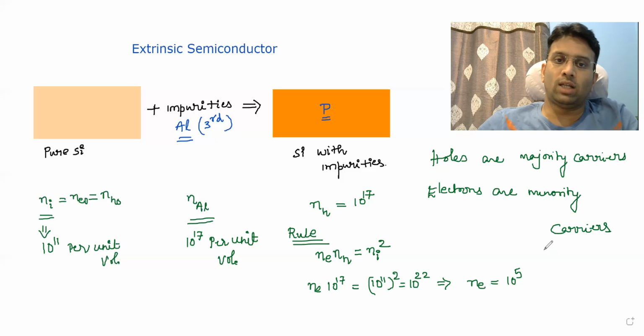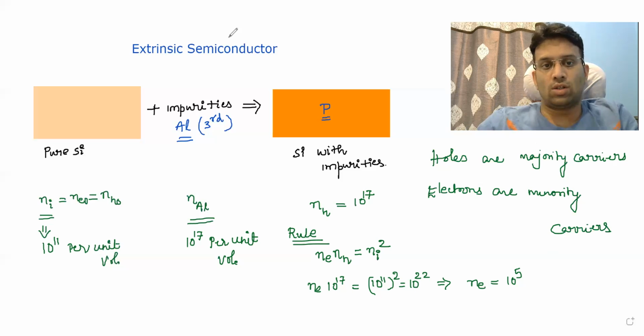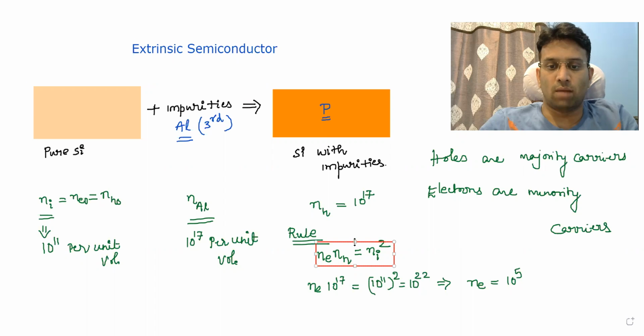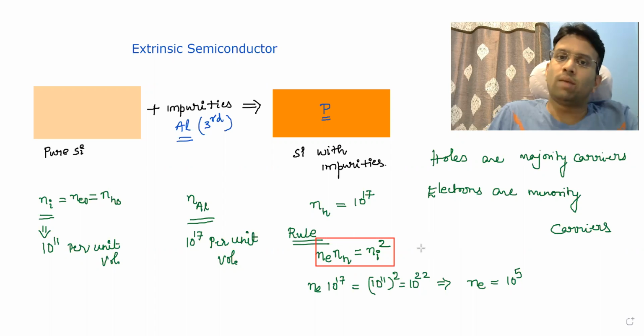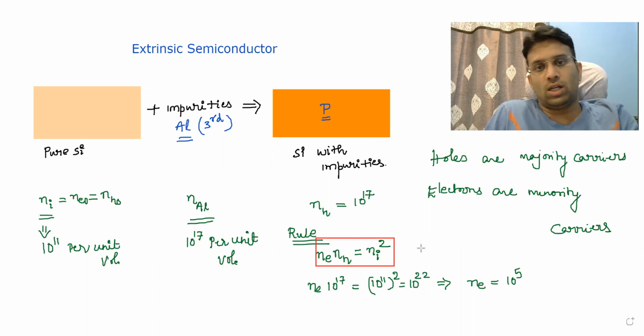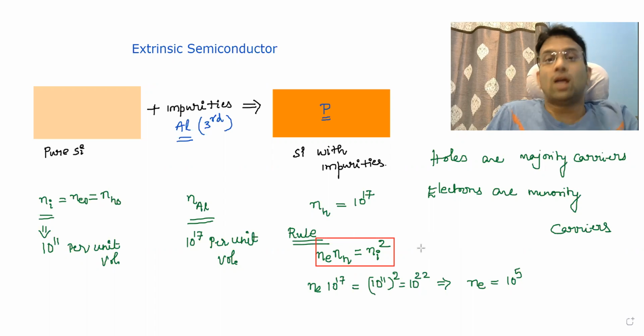You should remember that the product of the number of holes and electrons will remain the same in the intrinsic as well as extrinsic semiconductor. In a p-type semiconductor, holes are majority carriers, electrons are minority carriers. In an n-type semiconductor, electrons are majority carriers and holes are minority carriers. These are some very important points that you must remember when it comes to extrinsic semiconductors. Thank you.